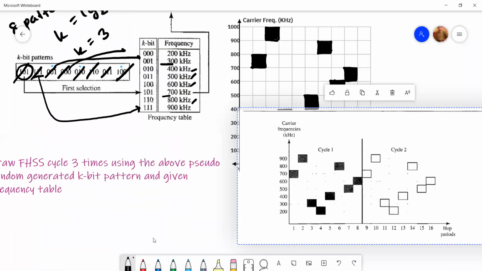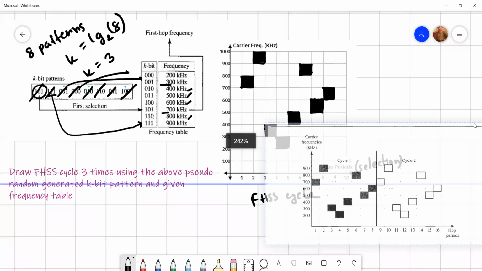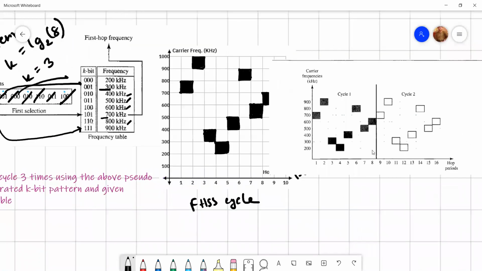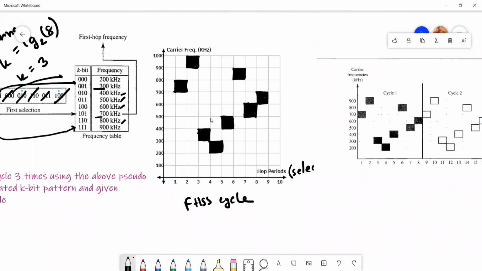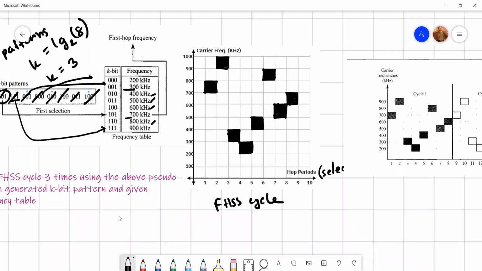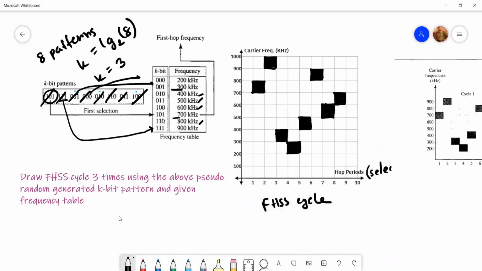We have drawn the same graph as the book says, and our graph is literally the same. One thing here is that they have asked us to draw the graph 3 times. So this is my very first graph, this is my time 1. So I've drawn the graph 1 time. Now I have to draw the same graph 2 times.